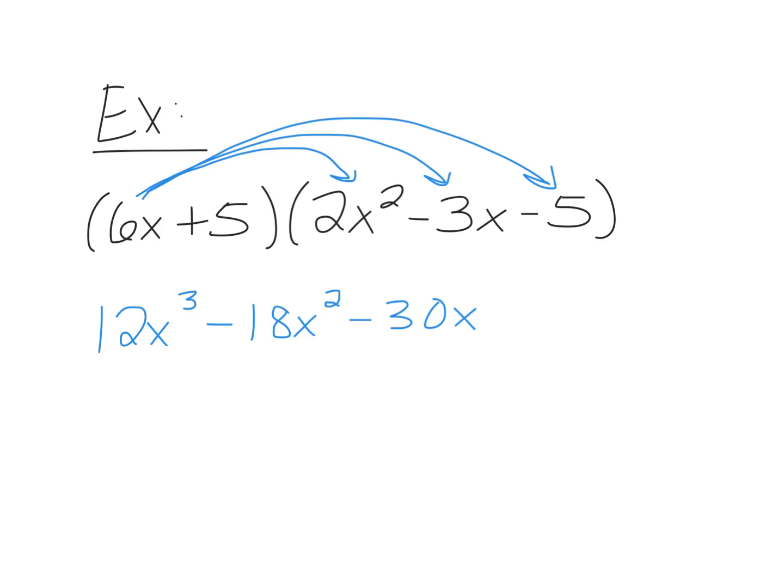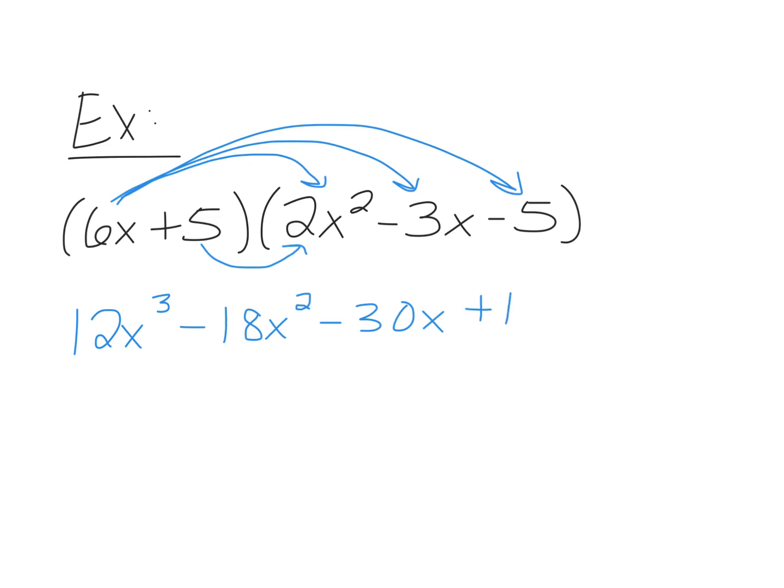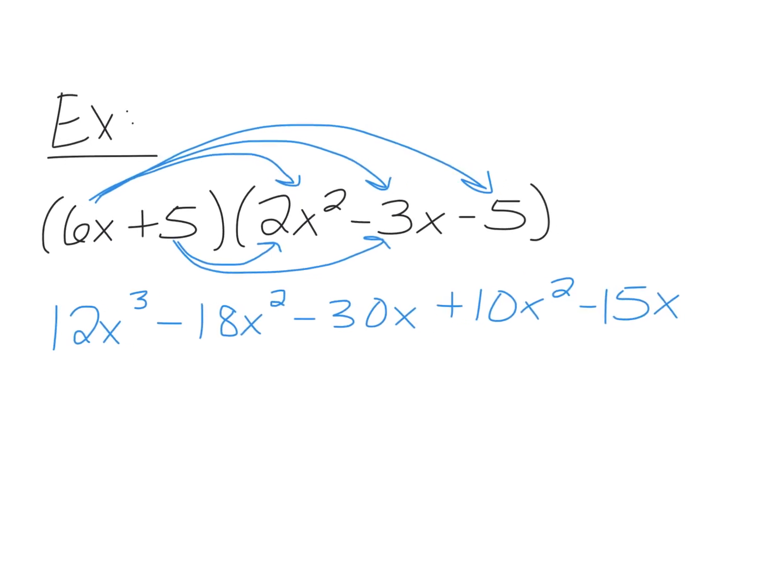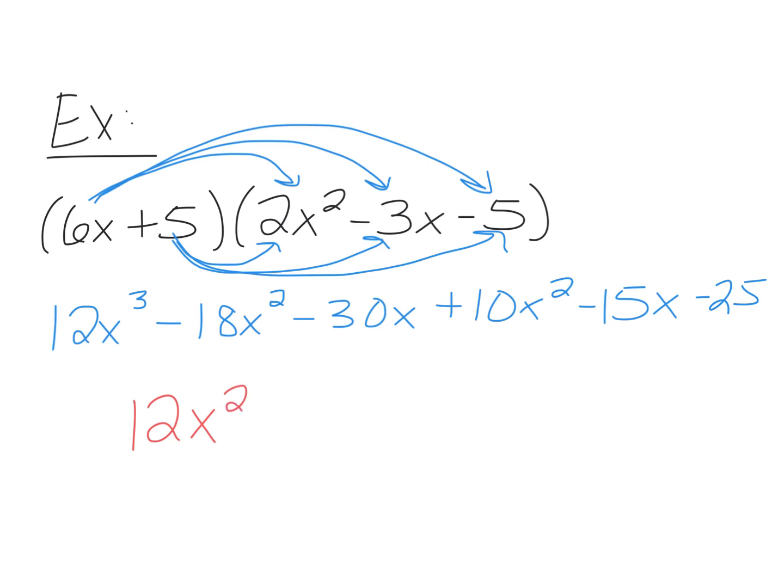Now I do the same thing with 5. Take that to each term. 5 times 2x, 10x squared. 5 times negative 3x, negative 15x. And then 5 times negative 5. And then what do I do when I get to this point? Combine like terms. Start with your biggest when you have a lot of terms like that. Does 12x cubed have a like term? Nope. Does 18x squared have a like term?